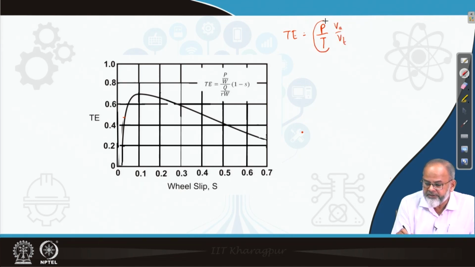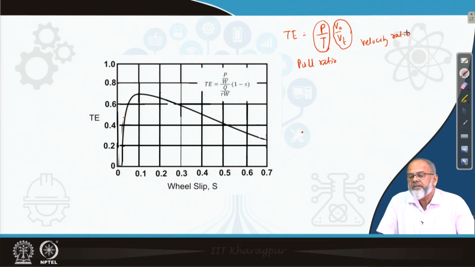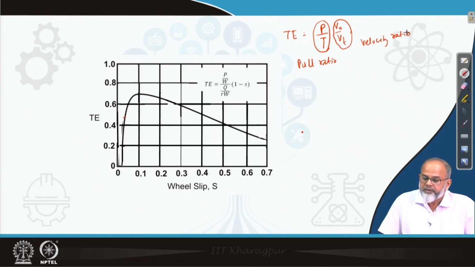So this P by T is called the pull ratio, and VA by VT is called the velocity ratio. Velocity ratio is nothing but the travel reduction or the slip. 1 minus VA by VT is slip. That means theoretical velocity, how much it is converted to actual velocity, and thrust, how much is converted to pull. So this is the product of these two.